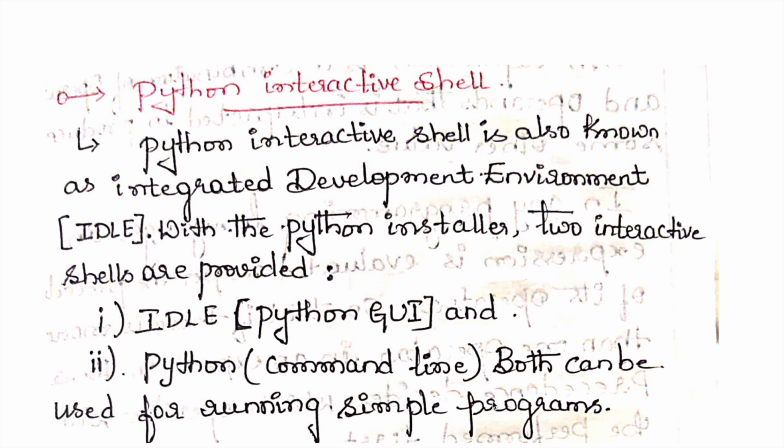Either you can use IDLE or you can use the command line. Both can be used for running simple programs. So we can run Python programs using the integrated development environment IDLE, or else we can use a command line prompt that also gets installed when you install Python in your system.